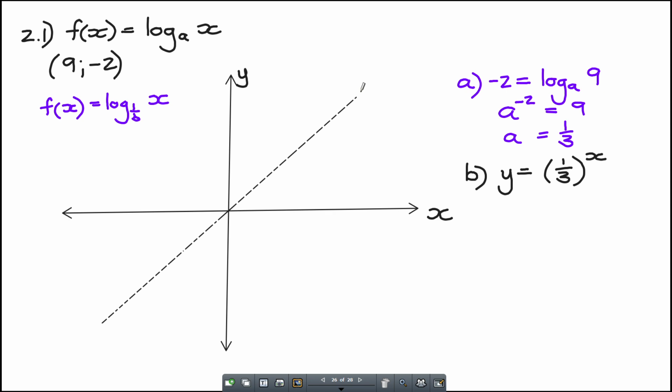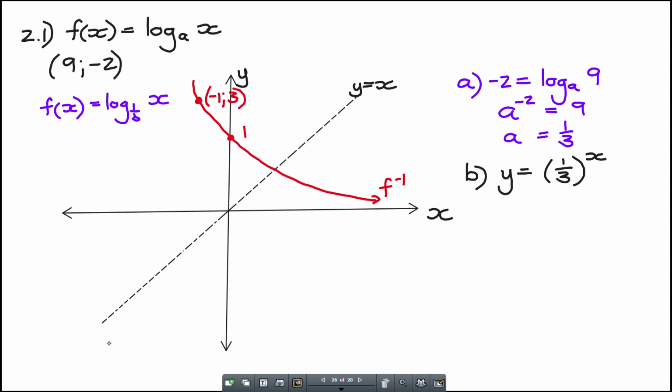Hierdie is nog steeds y is gelyk aan x. En that is the inverse. En hy sny hierso by 1. And then one more coordinate where x is minus 1 and y is 3.